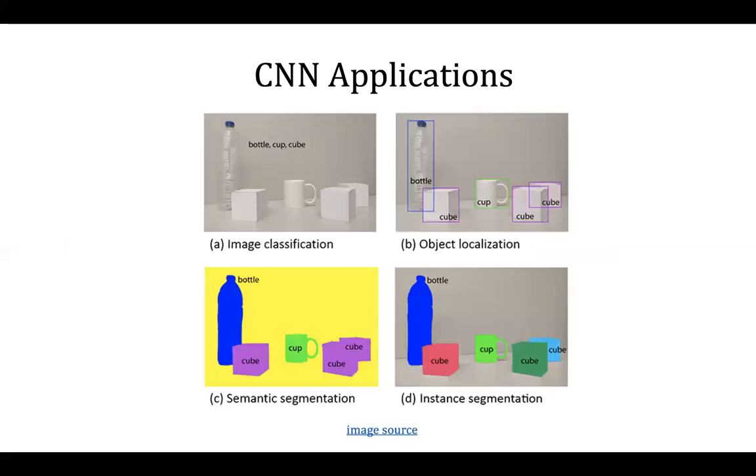In this course, we will only handle the problem of image classification, but actually CNNs are used very widely in different kinds of problems in computer vision. There is also object localization, where you need to find a bounding box, and semantic segmentation and instance segmentation.